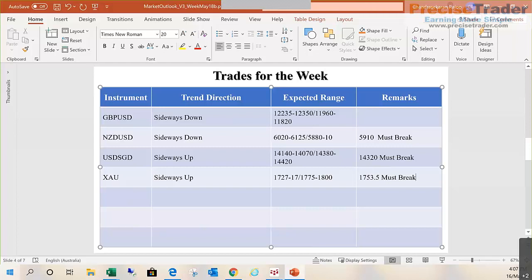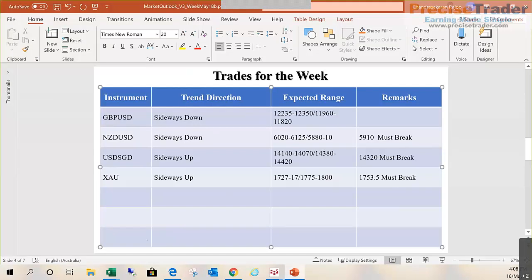If 1753 breaks, we expect the price to push higher. As long as 1753 holds, then we may see the price in a range or consolidation between 1753.50 and 1717, or maybe even another drop to 1708. But overall the bullish sentiment is still there.